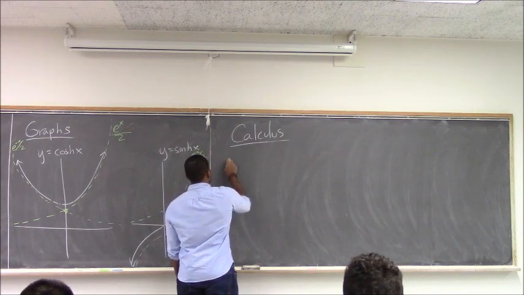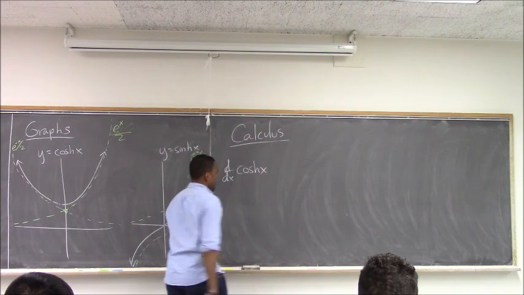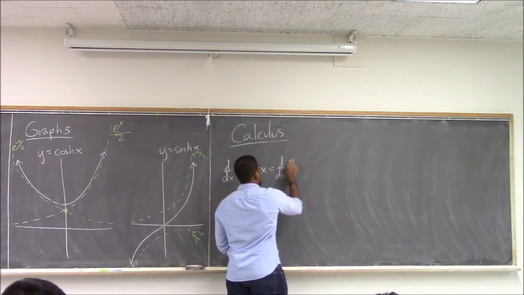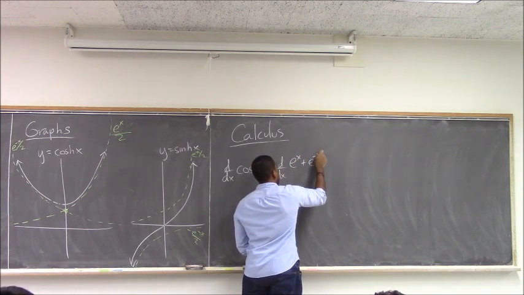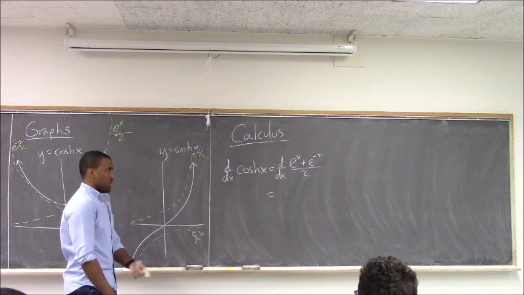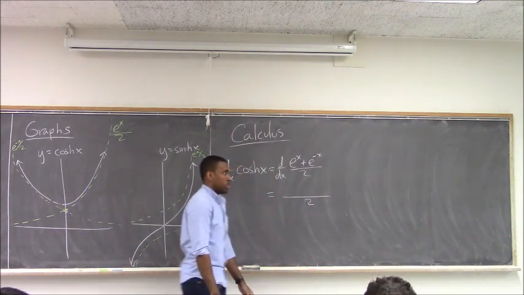Let's say you wanted to differentiate cosh. Well, that means you'd want to differentiate e to the x plus e to the minus x over 2. Now we all know when you want to differentiate a fraction where the denominator is a constant, you can leave the denominator alone and differentiate the numerator.